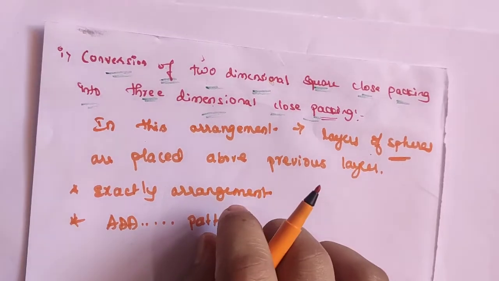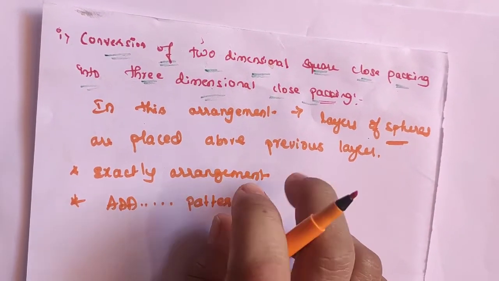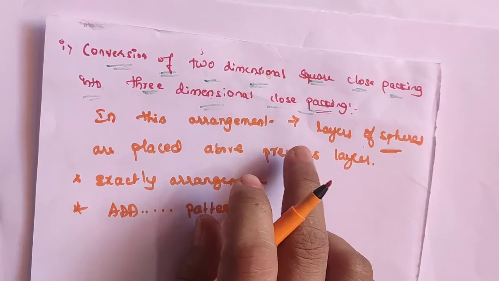So this leads to a simple cubic lattice, and its unit cell is the primitive cubic unit cell.